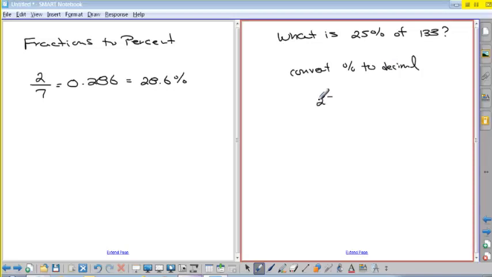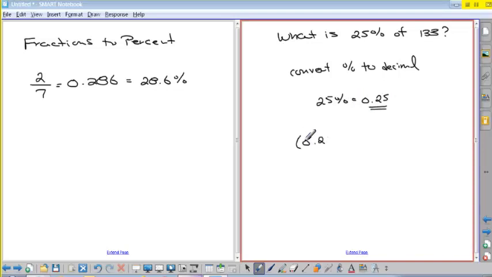So we say 25% is the same as the decimal 0.25. All I'm doing is moving the decimal 2 units to the left, or dividing by 100. Take the percent sign off. So that's my decimal equivalent.